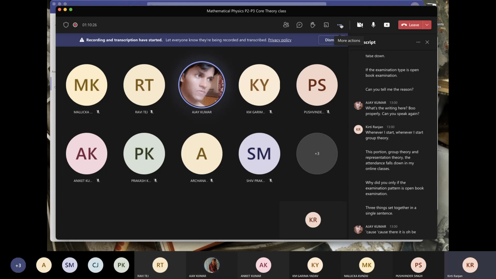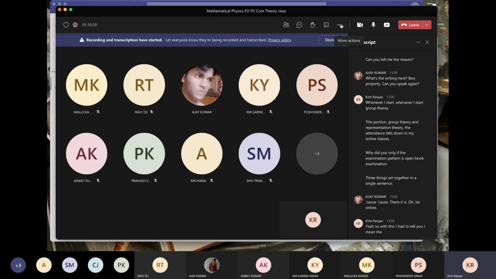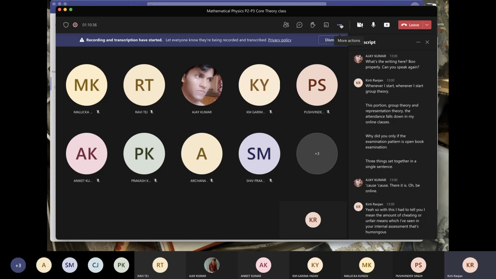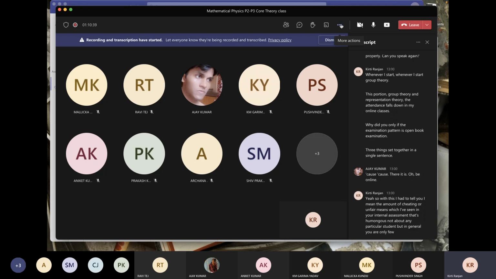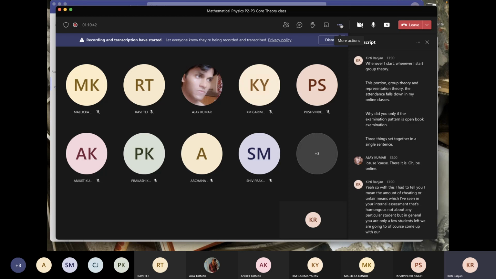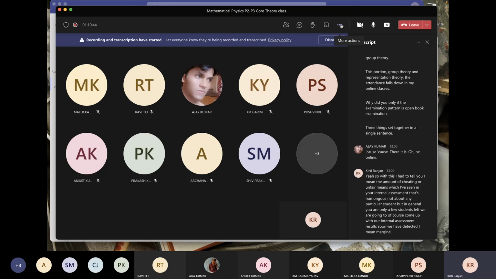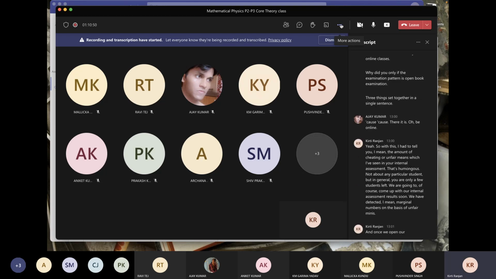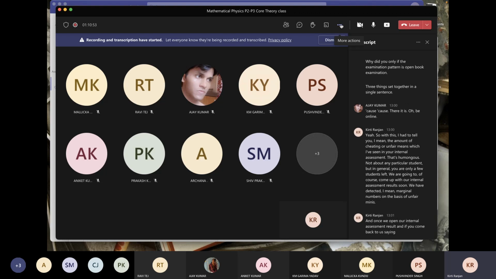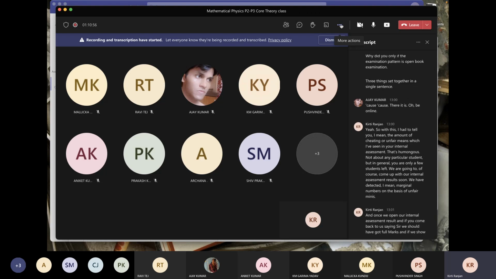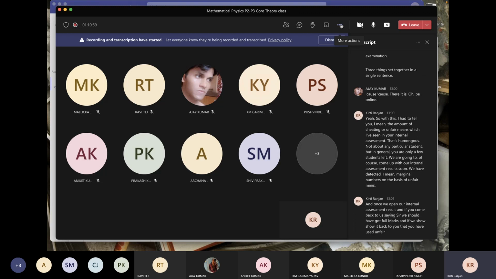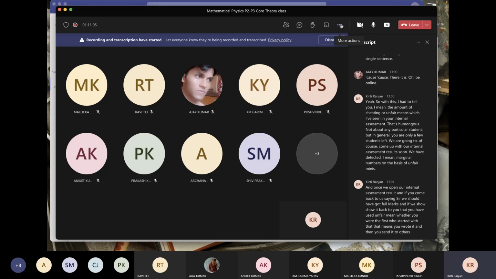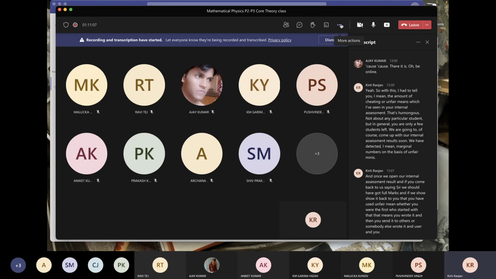So with this, I had to tell you, the amount of cheating or unfair means which I have seen in your internal assessment is humongous. Not about any particular student, but in general. We are going to come up with our internal assessment results soon. We have deducted marginal numbers on the basis of unfair means. Once we open our internal assessment results, if you come back to us saying, sir, we should have got full marks, and we show you that you have used unfair means, whether you were the first who wrote it and sent it to others, or somebody else wrote it and you received it, in both cases I am going to give you 0 marks.